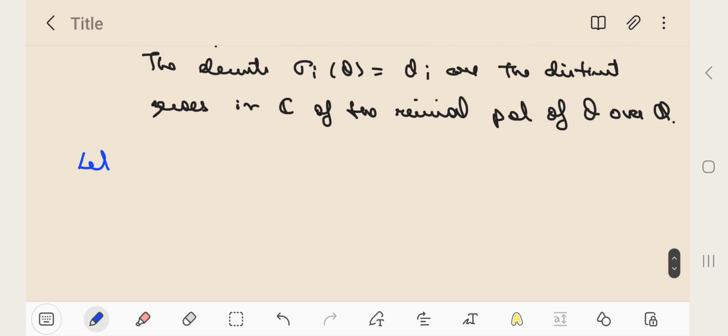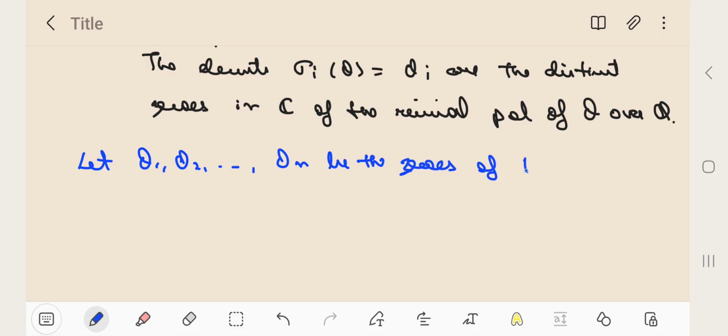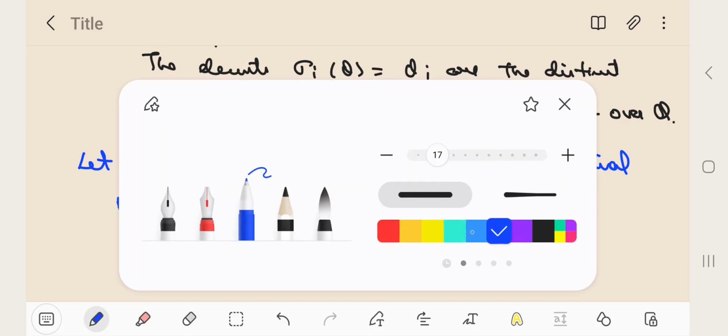So let theta_1, theta_2 till theta_n be the zeros of the minimal polynomial. Let me just name the minimal polynomial p of theta. In fact, I can also say that these zeros are distinct, for the following reason.